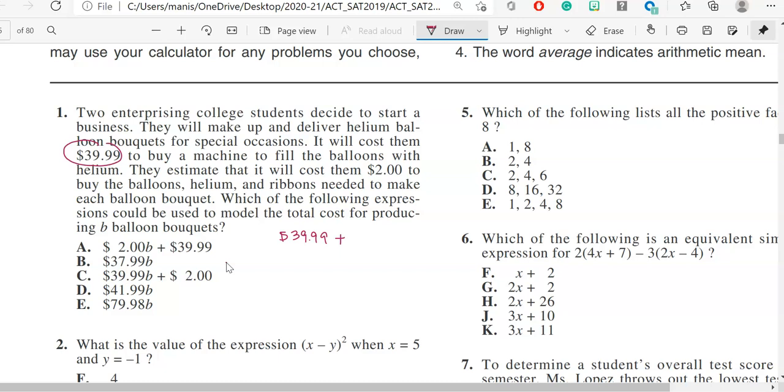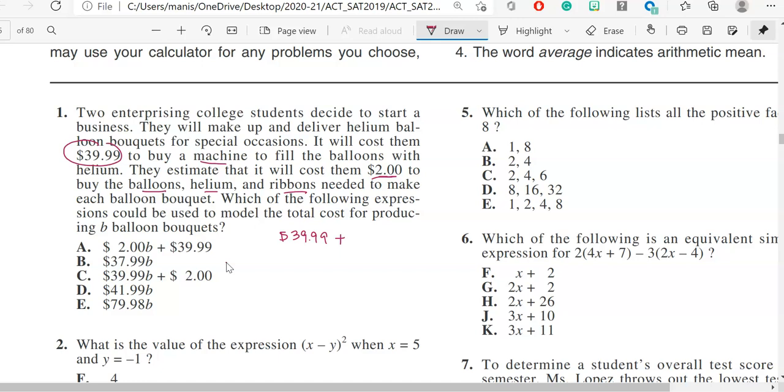They estimate that it will cost them $2 to buy the balloons, helium and ribbons needed to make each balloon bouquet. Which of the following expressions could be used to model the total cost for producing b balloon bouquets? So this is the price to buy a machine to fill the balloons, and the rest of it takes $2 for them to buy the balloons, helium and ribbons needed for each bouquet.